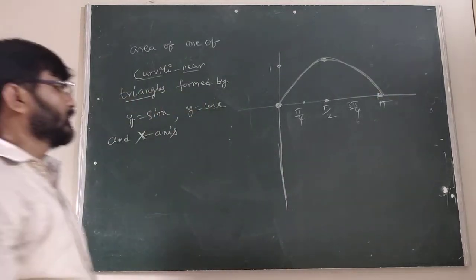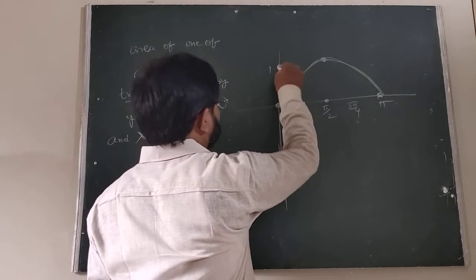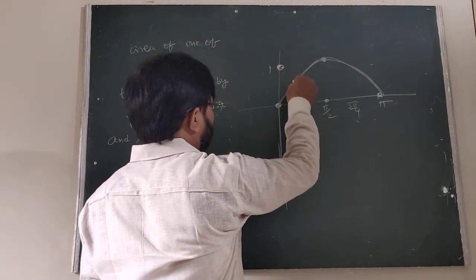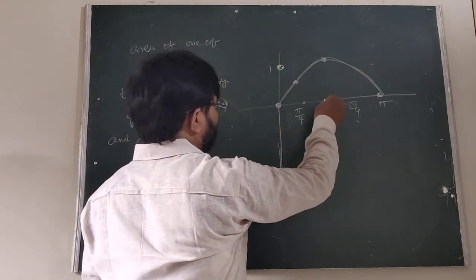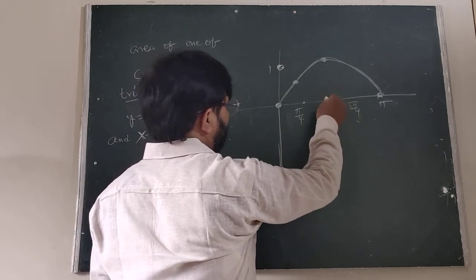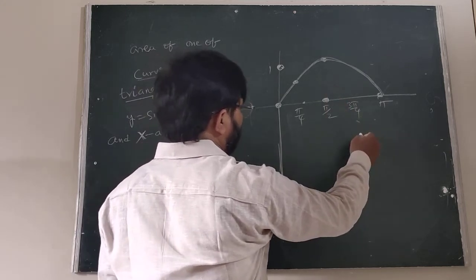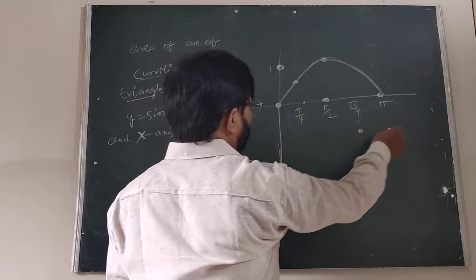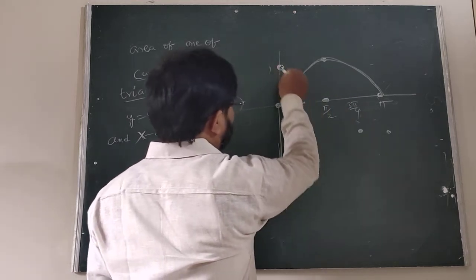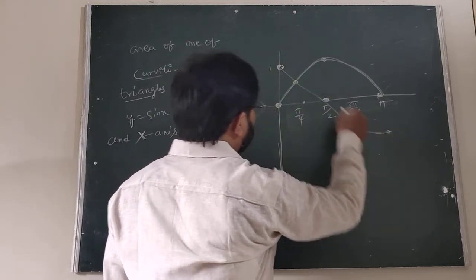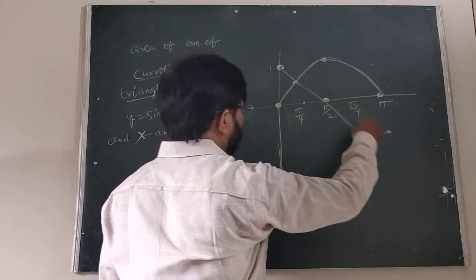But cos 0 is 1, cos 45, cos 90 is 0, cos 3 pi by 4 is minus, and cos pi is minus 1. Here this is the graph of this one.